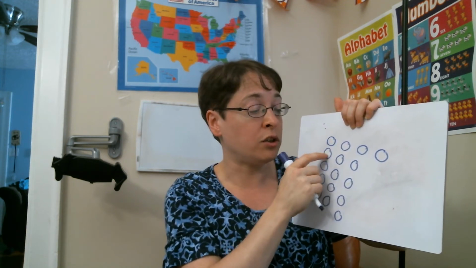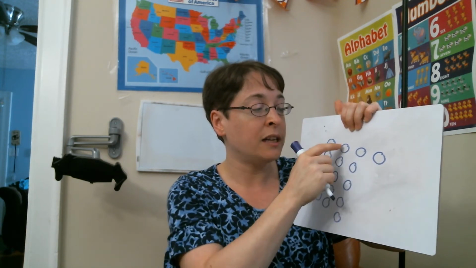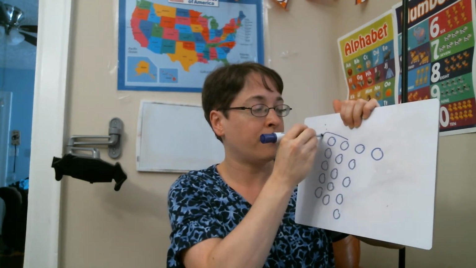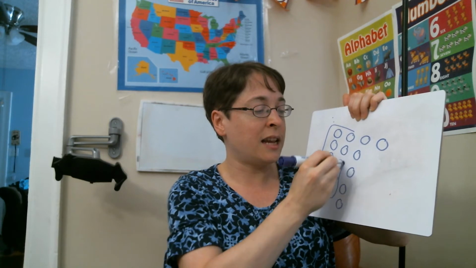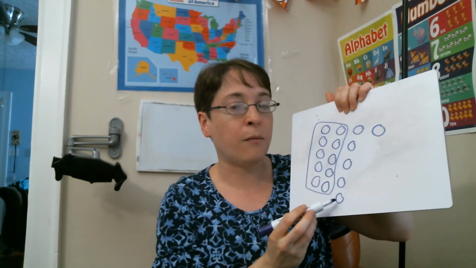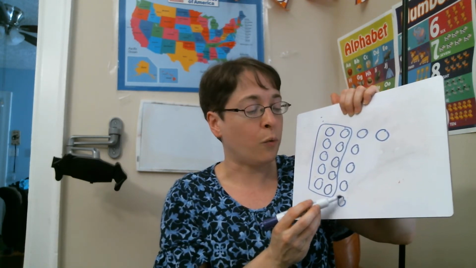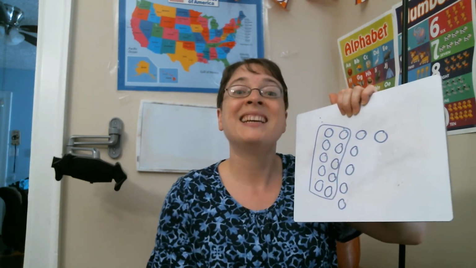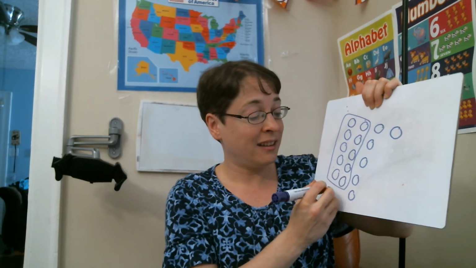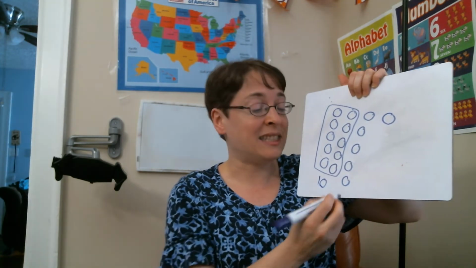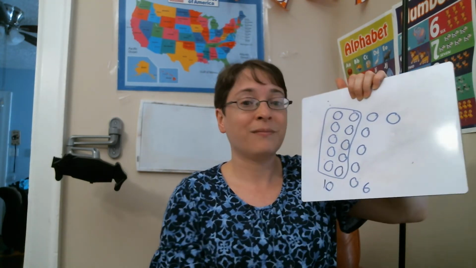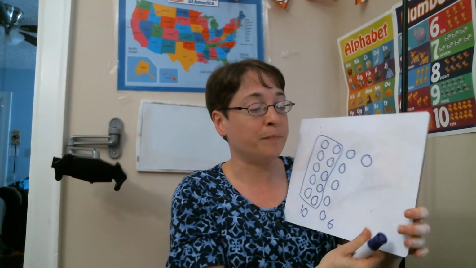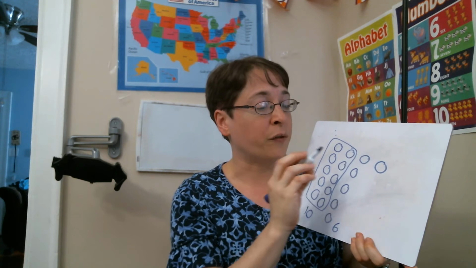So we have 1, 2, 3, 4, 5, 6, 7, 8, 9, 10. So this is 10. And then how many do we have here? 1, 2, 3, 4, 5, 6. 10 and 6 is 16. Very good. All right.